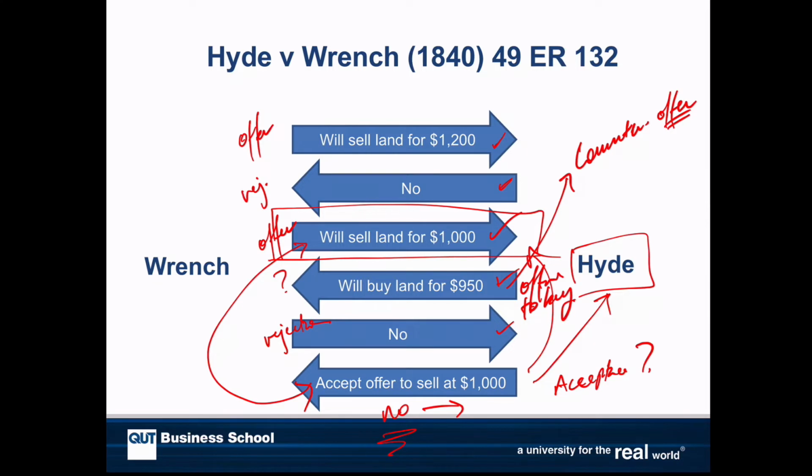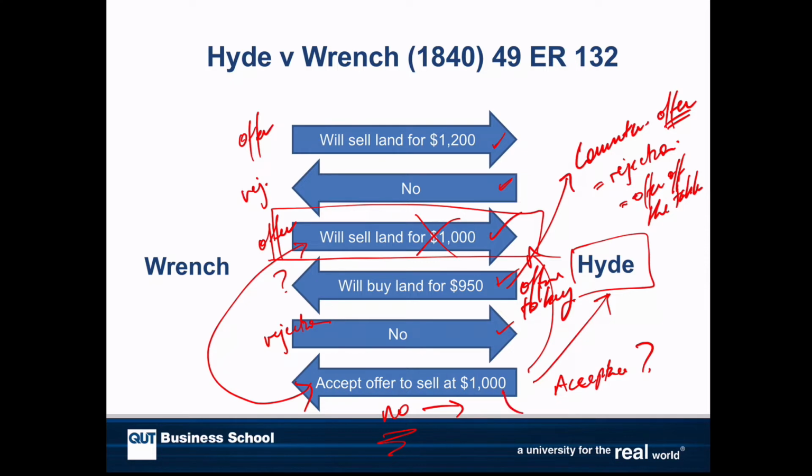Now because it's an offer to buy the land, a counter offer is a rejection of the original offer. And that means the offer is off the table. So that means this offer is no longer live. That means that's the counter offer.